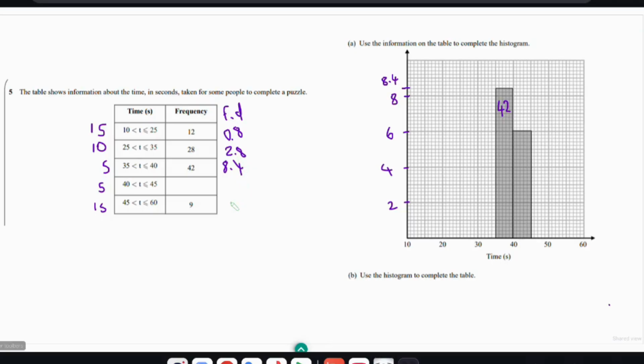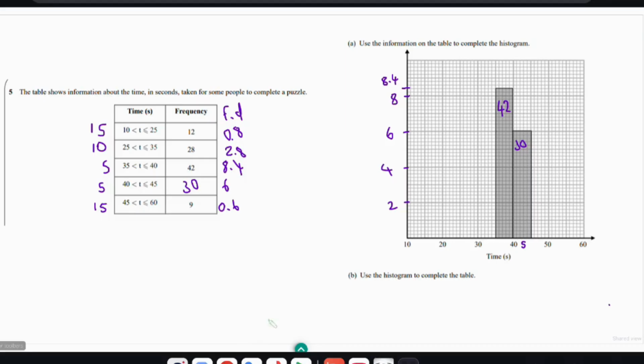So we've got some information missing here, but we have our bar. We know the frequency density for 40 to 45 is 6. So 5 times the height is 6, 30 for our frequency. And 9 divided by 15, 0.6.